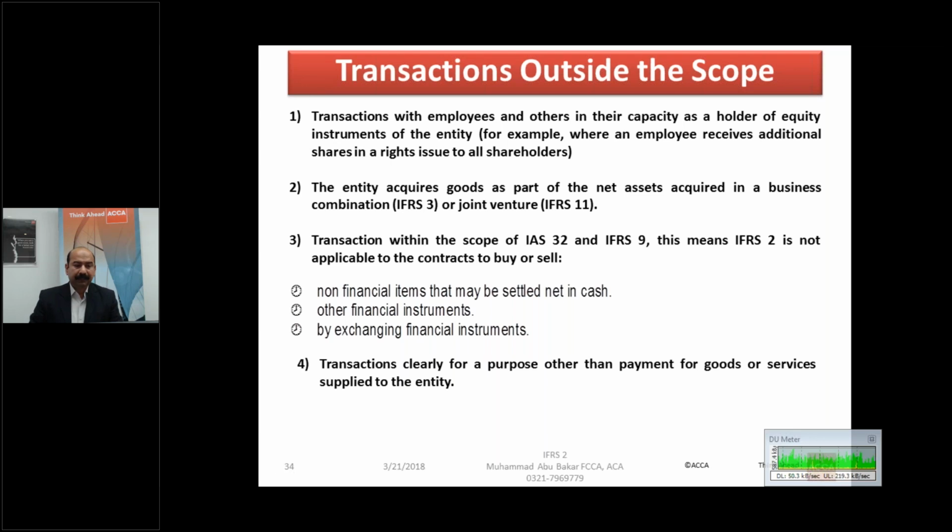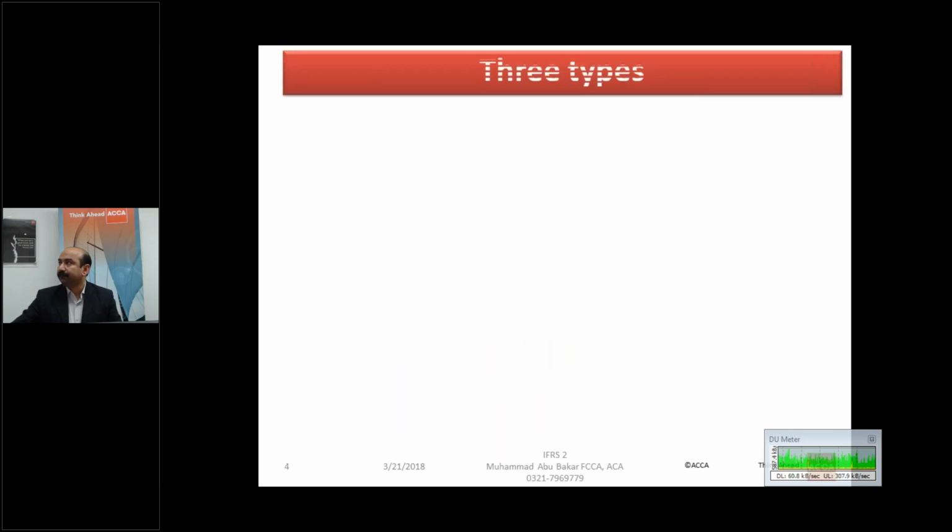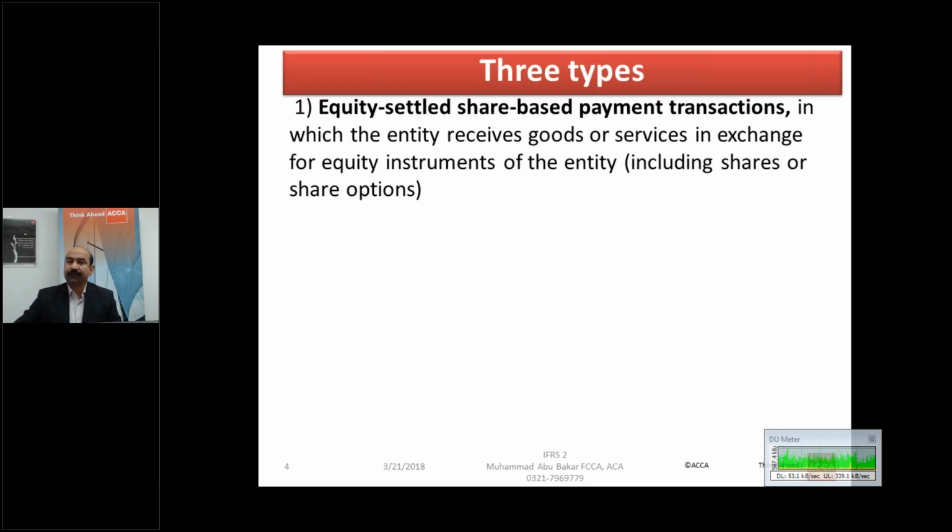Then we shall be discussing at length three types of share-based payments. The first is equity settled share-based payments, in which the entity receives goods or services in exchange for equity instruments of the entity, including shares or share options.